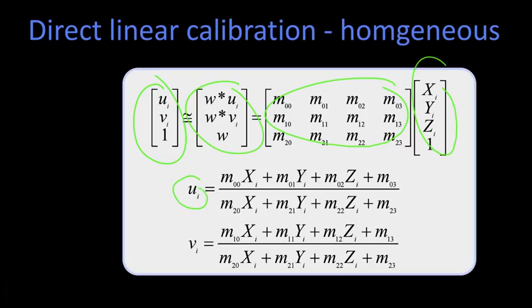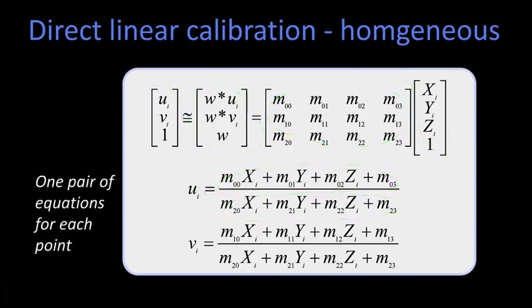All I've shown is that for point i, I have to take the product, that's the first row, divided by what becomes the third row. Same thing for v_i. So the point here is that I get a pair of equations for every point. For every point i, I have an equation that goes from X, Y, Z to u_i and X, Y, Z to v_i. So we're going to have to solve for this M matrix using a whole bunch of points.